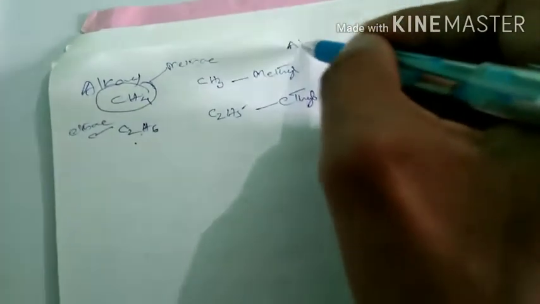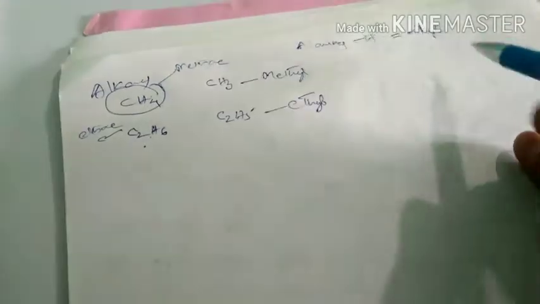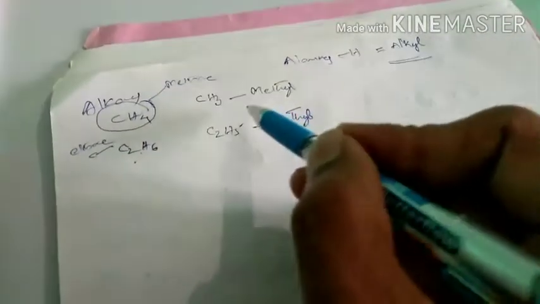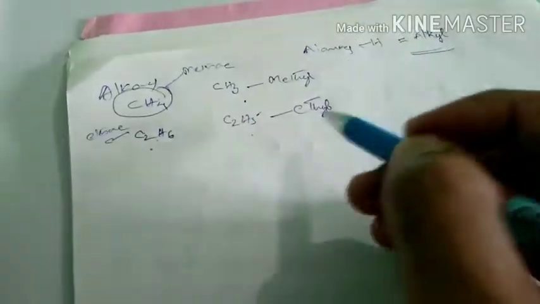That means these are alkanes. If one hydrogen is removed from alkanes, not alkenes, alkanes, then that resultant substance is called alkyl. This is called methyl, this is called ethyl. Then what about halide?